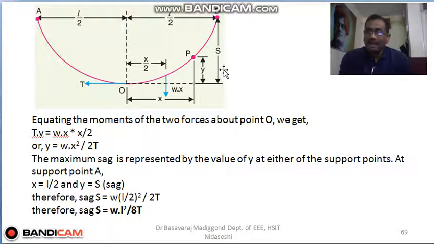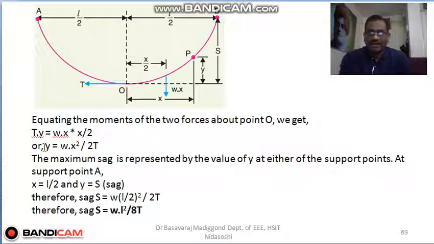If I want to calculate the sag of the whole conductor, then I will take the sag at point A or point B. Therefore, X becomes equal to L by 2. Substitute this in the equation.